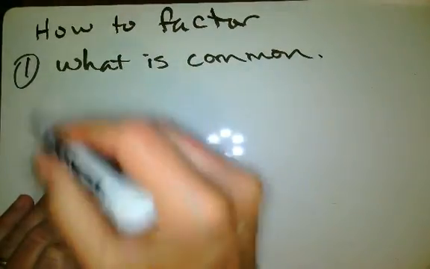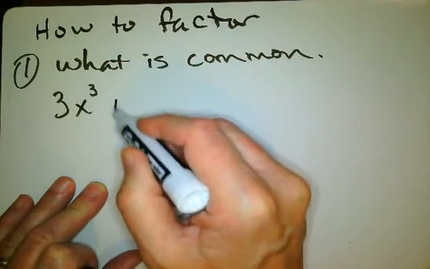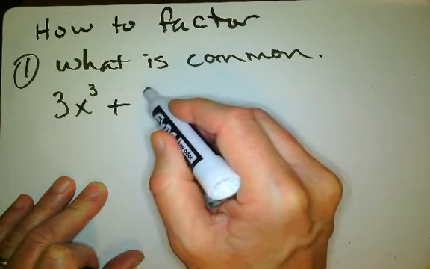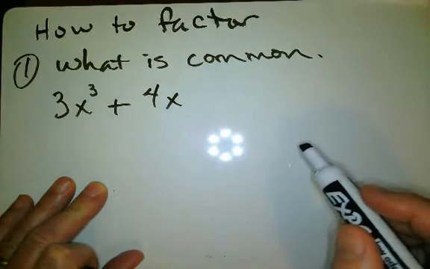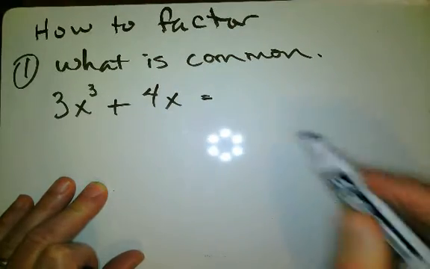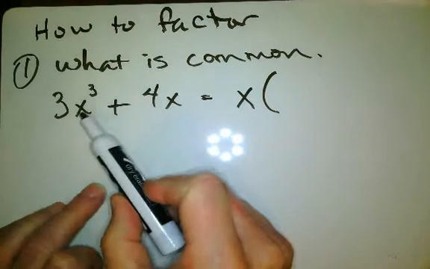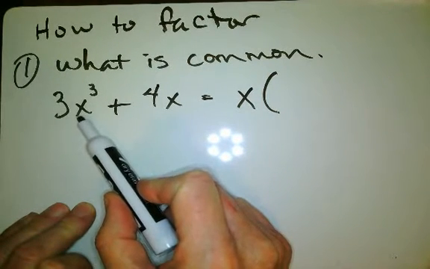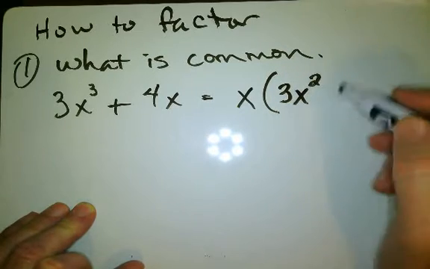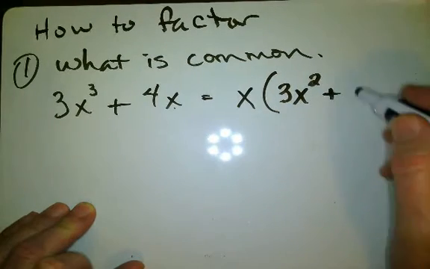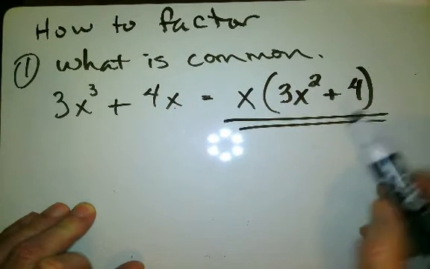I know you've seen this before, and I just want to remind you: if you have something in common, for example, this one has an x in common, what you do is you write the x on the outside, and then you take the one x out of this one, which would leave 3x squared, and 1x out of this one, which would leave 4, and this is your answer.